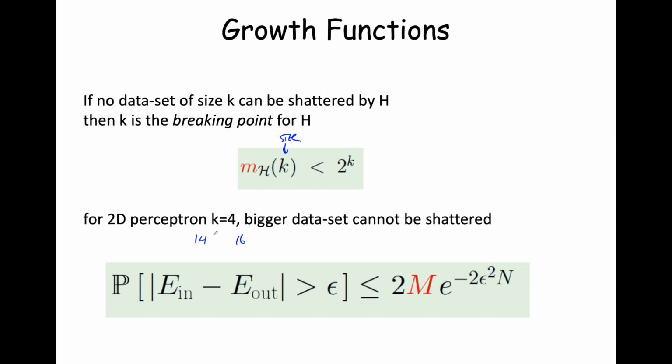It was no longer expressive enough to produce all 16 dichotomies. And so for the 2D perceptron, the break point k is equal to 4. A bigger data set, once we reach k equals 4, can no longer be shattered. The perceptron can no longer express all 2 to the k dichotomies.